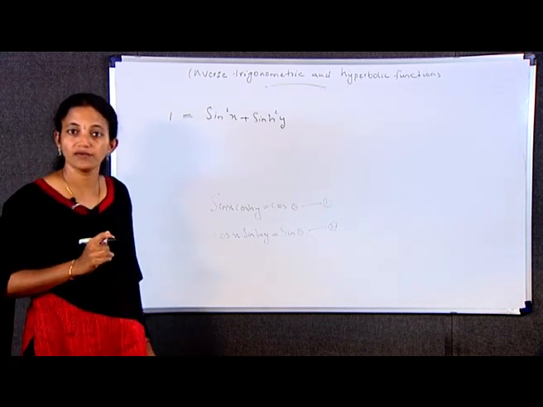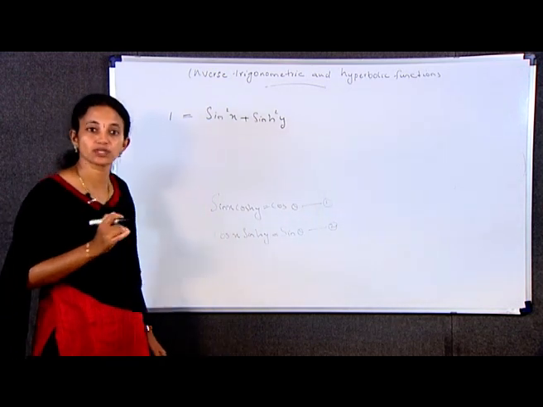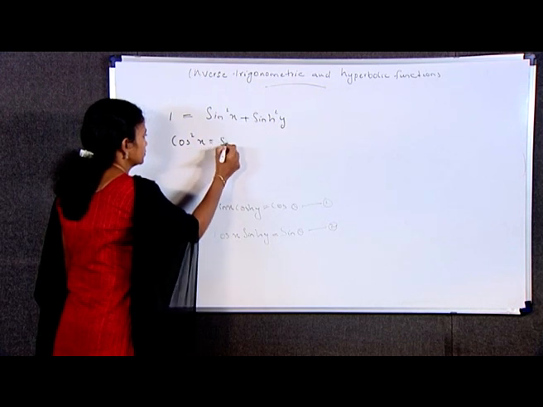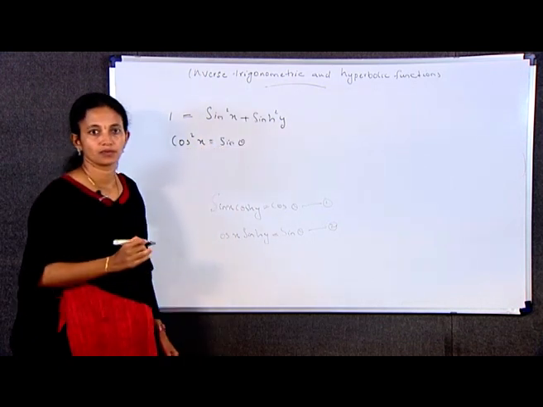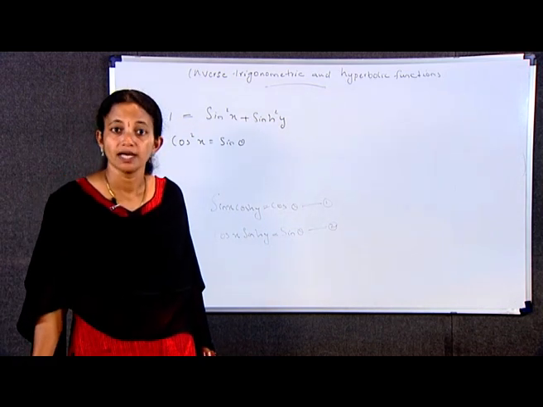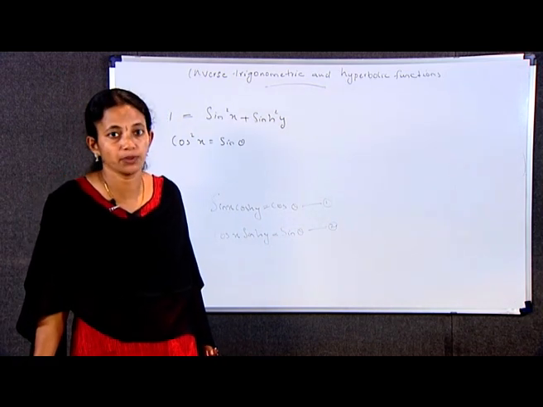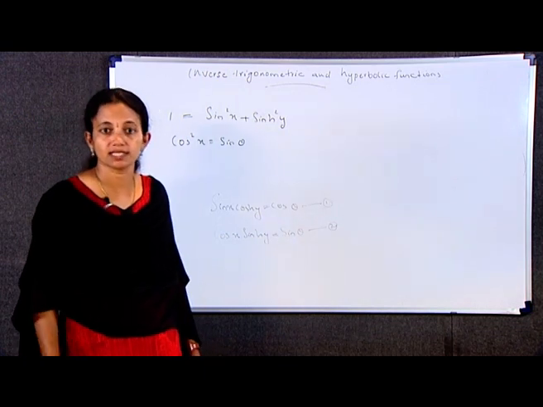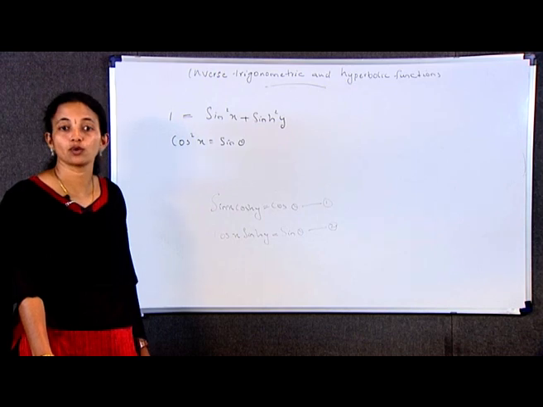Hence, from 2 we have cos square x is equal to sin theta, assuming sin theta to be positive. Therefore, since x is to lie between minus pi by 2 and pi by 2, we have cos x equal to plus square root of sin theta.